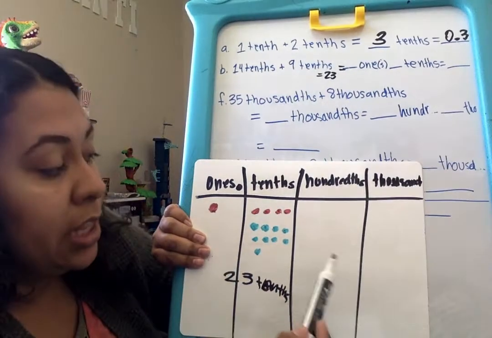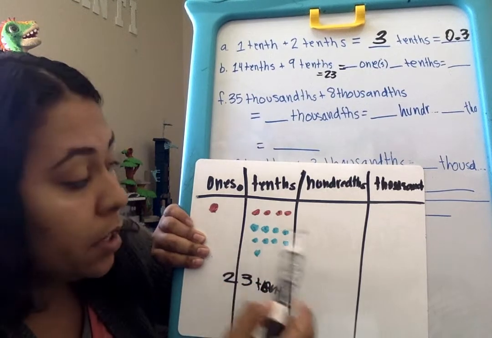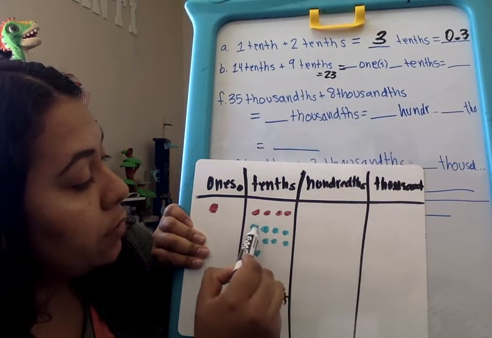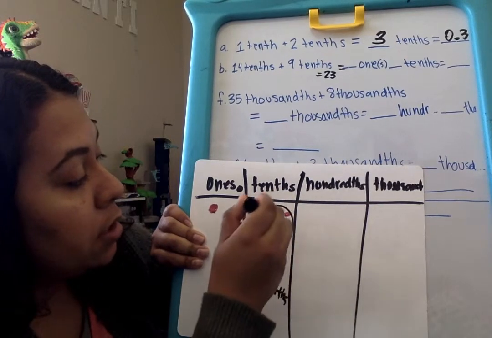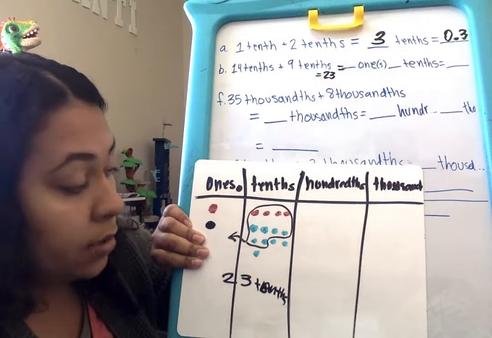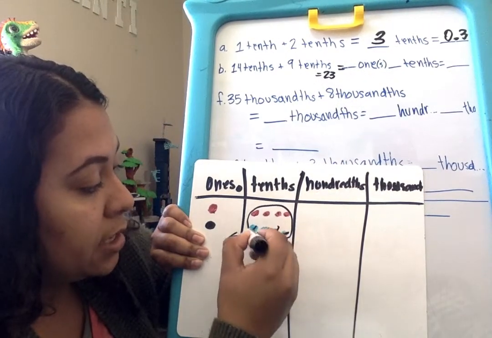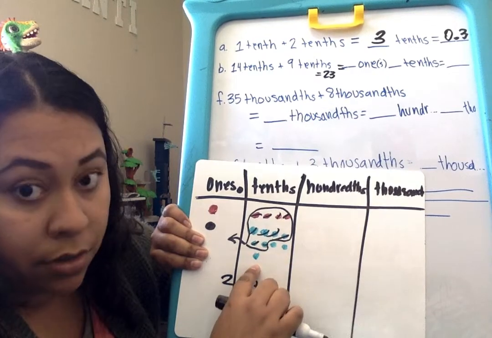So if I have 23, I can take 10 from here and create another 1. So 1, 2, 3, 4, 5, 6, 7, 8, 9, 10. So I'm going to take all of these and create 1 one. Okay? So I've technically exchanged these for a 1. So I have left over 3 tenths.